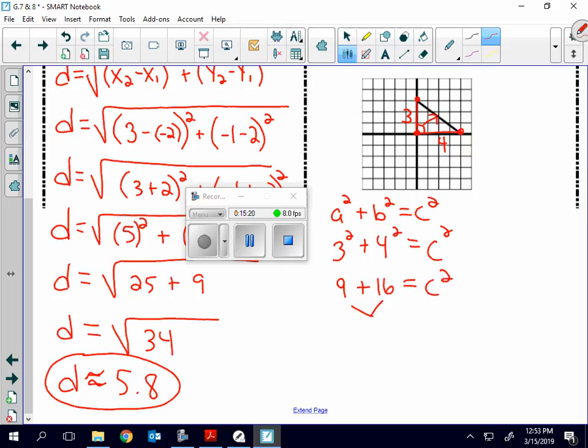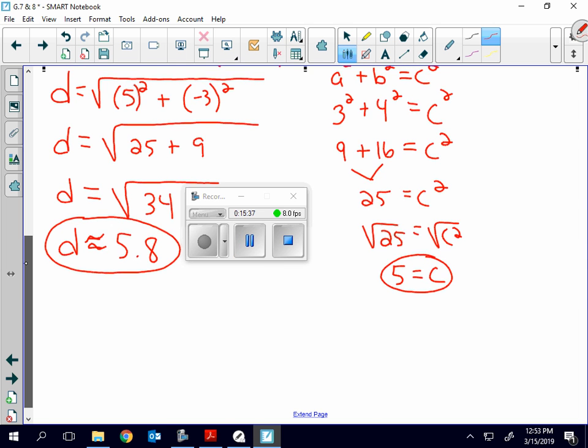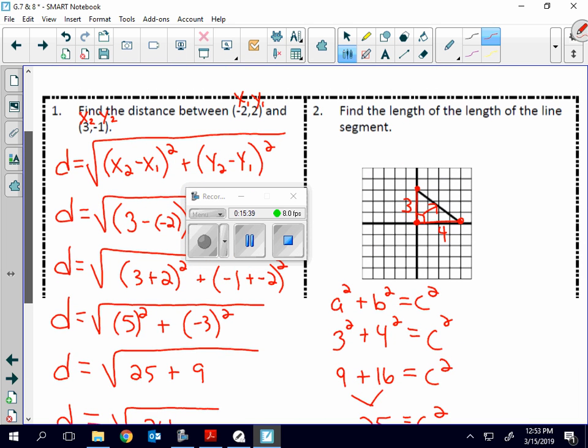They're on the same side, so I can add them up and take the square root of both sides. Therefore, I have 5 equals c. Give yourself a pat on the back if you saw that ahead of time. We know it's a 3, 4, 5 right triangle.